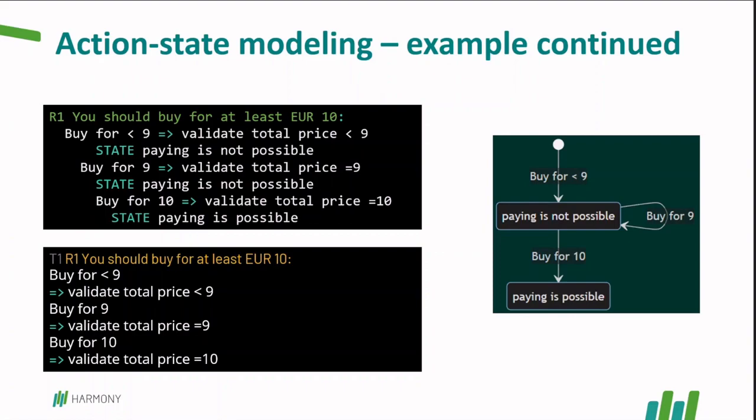And to do this, we involve 2 actions. The first is when we add more items and we remain at the paying is possible state, or we remove some items and we go back to the paying is not possible state.